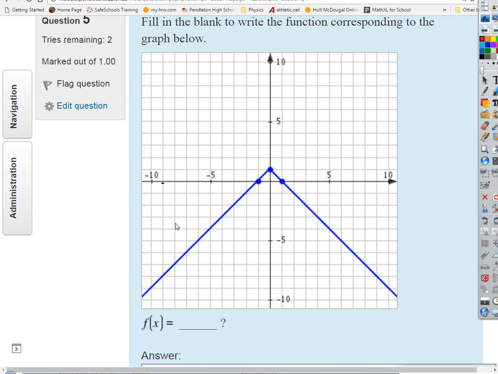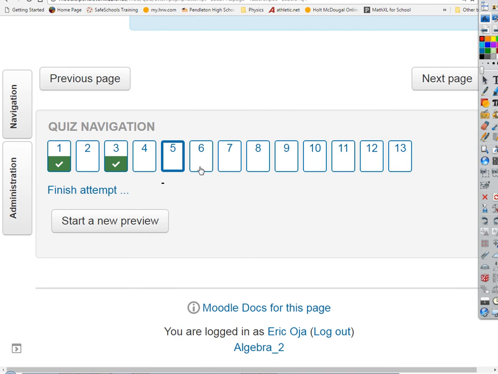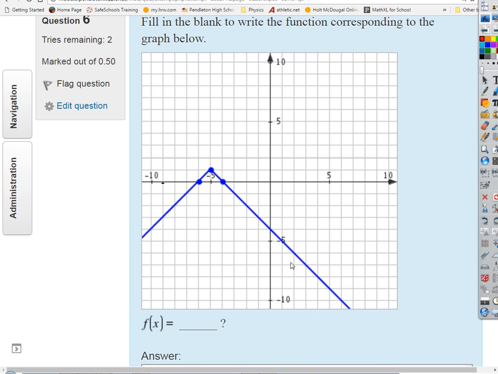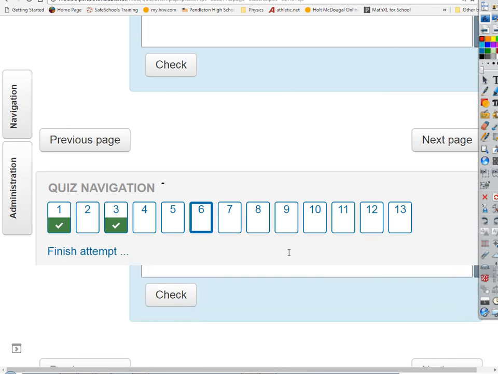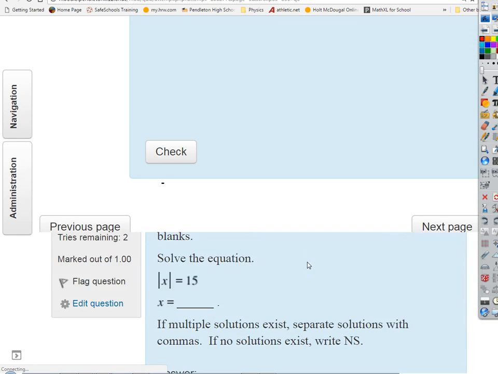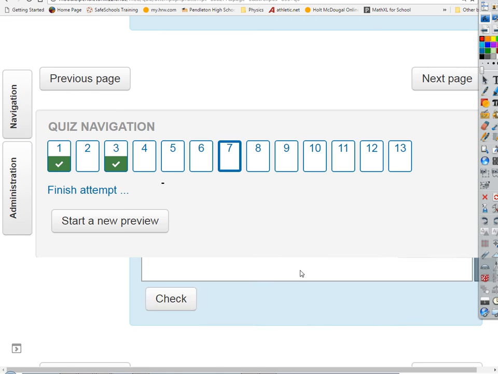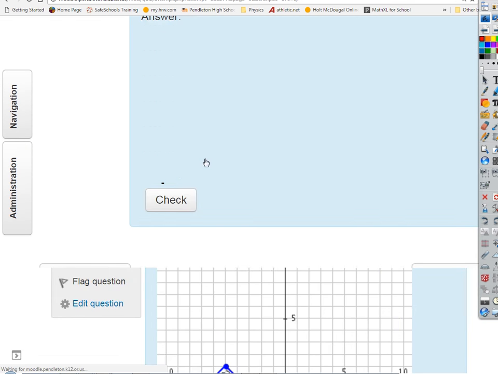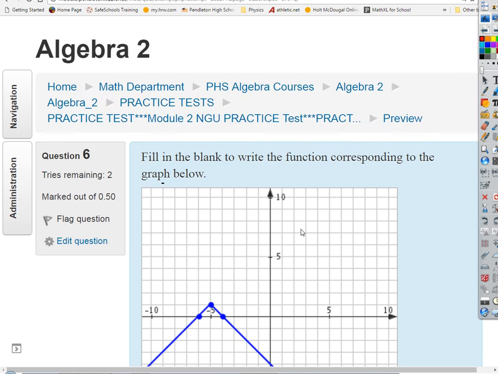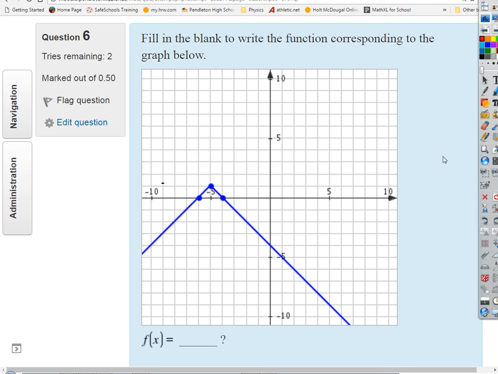Okay, let's just scoot ahead. We'll do a little harder one. What about that one? So what are the values of H and K?